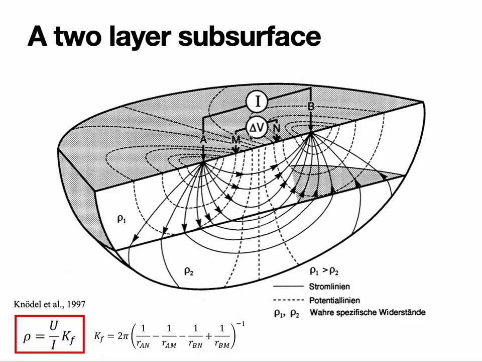Here there are two electrodes used to measure the voltage, so you have four distances involved: the distance between A and M, A and N, and between B and M and B and N. So that's a unit meter factor.